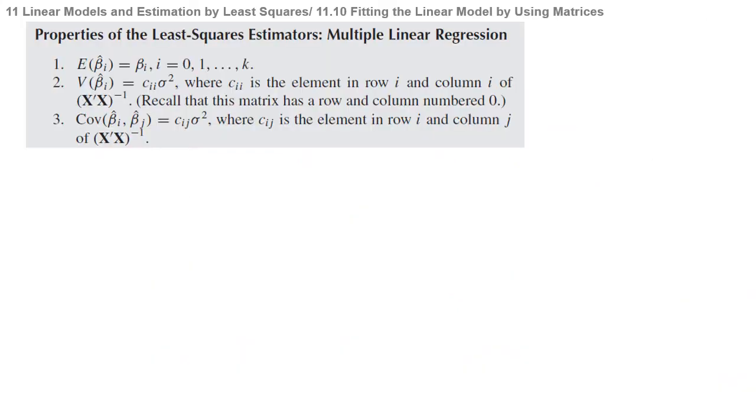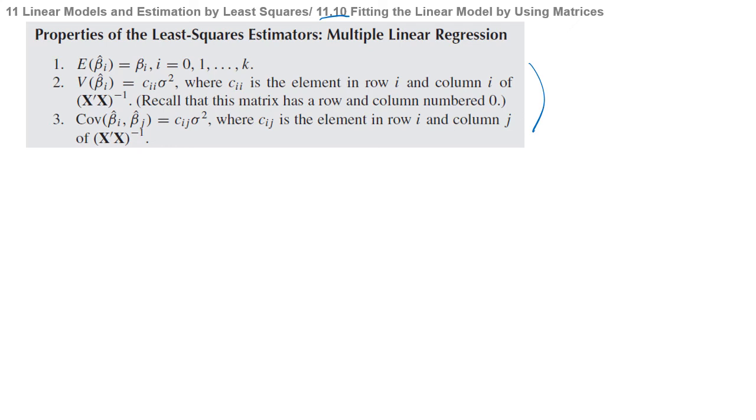Before we move on to an example problem, I'd like to tackle some properties using matrices. This slide is taken from chapter 11.10, and actually in chapter 11.10 there are no rigorous mathematical proofs for it, but I think these kinds of properties will be covered in a linear model class or a multivariate statistics class.